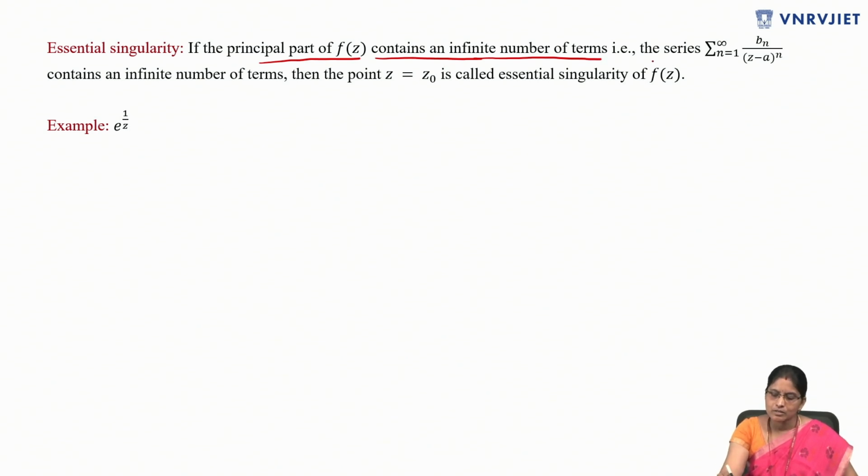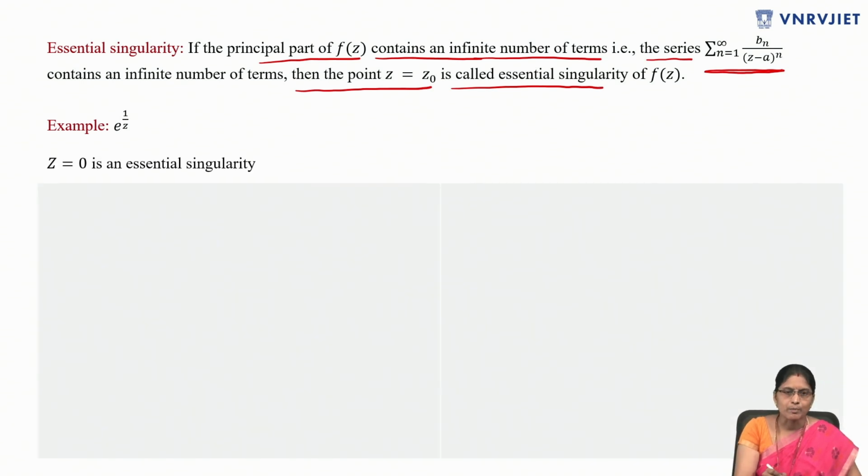So this is the principal part in the Laurent series expansion: summation n is equal to 1 to infinity Bn by (z minus a) whole power n. If the principal part of the function contains an infinite number of terms, then the point z is equal to z naught is called an essential singularity of f of z. See example problem.